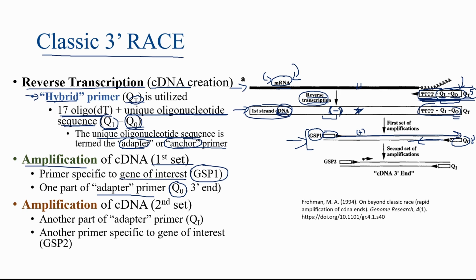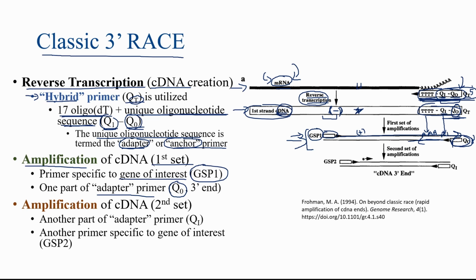So what this QO is actually binding to is the reverse complementary sequence of the QO that we see in the hybrid primer. So in here, once the GSP1 has extended in this region, you will have, for example, here, you will have A, and then you will have the reverse complementary sequence of the QI.